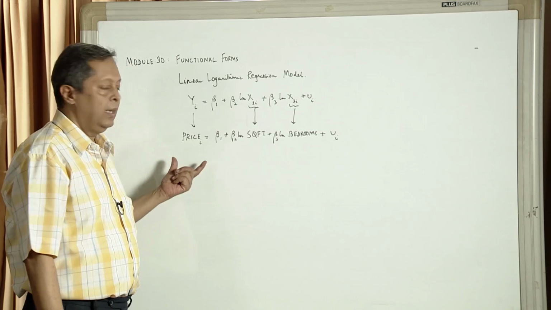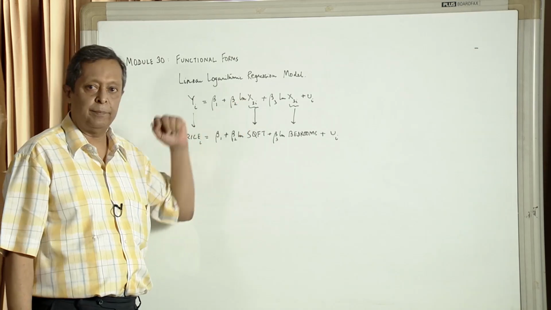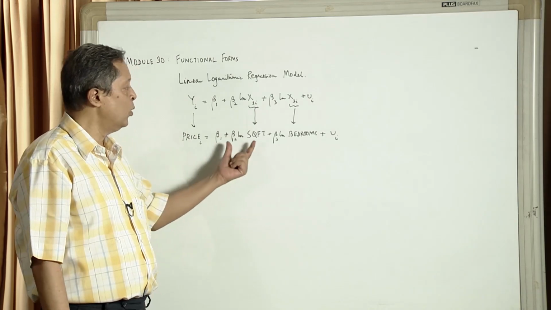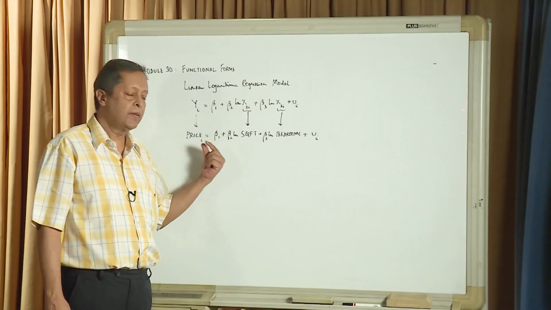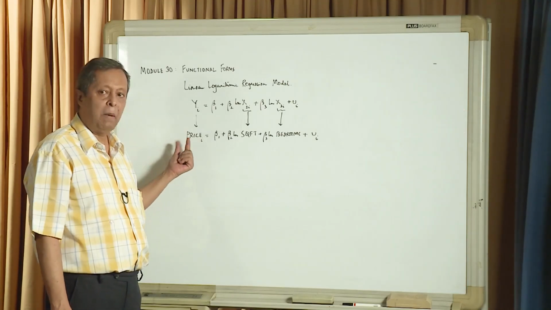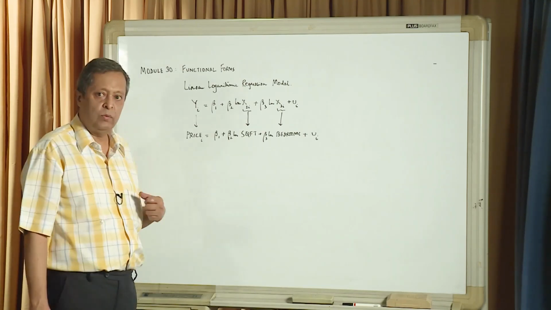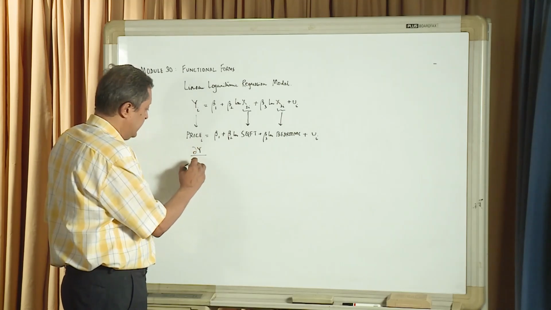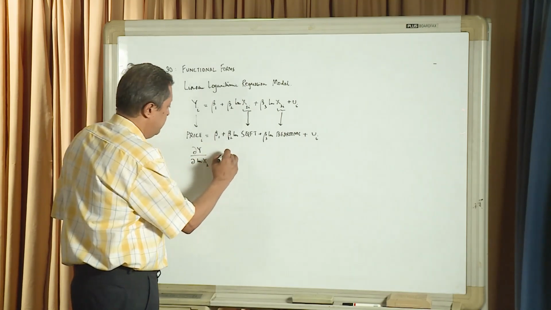This model has an advantage over the model where we regress y on x2 and x3. The reason is, if we take any one variable, supposing we take only square feet, we will be able to see that if there is an increase in the square feet measure, then the price increases, but it increases by smaller and smaller amounts. Let us see why. If we take the derivative del y del log x2, then we obtain beta 2.